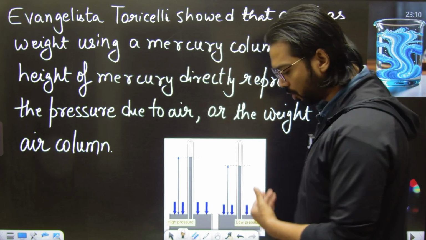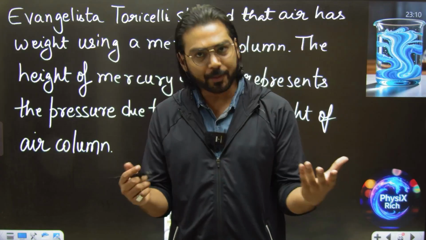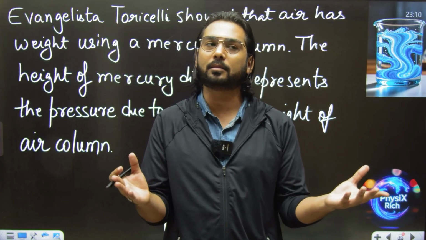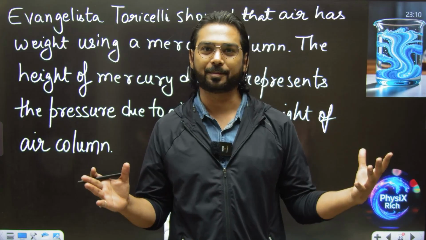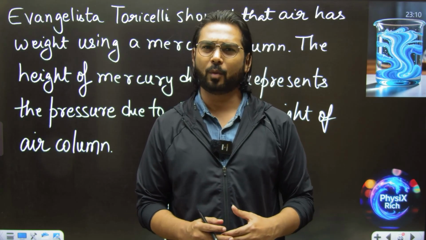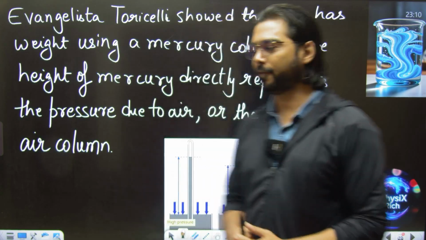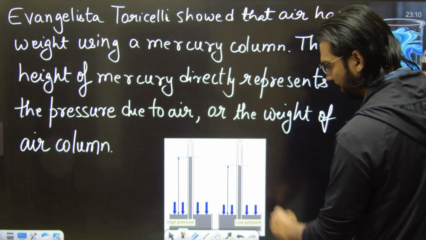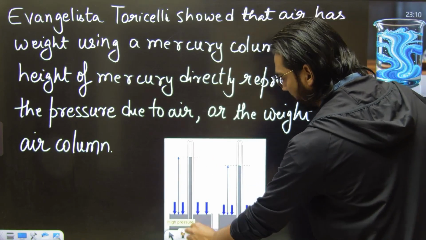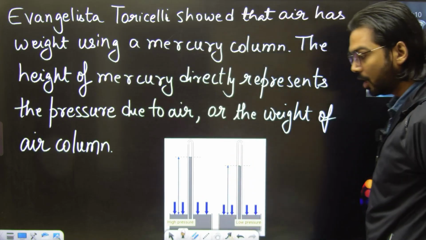So, if at all you were to go to a place where the pressure is actually low, let's say you visit a very nice place in Himachal or Kashmir, which is at a very high altitude, you find that the atmospheric pressure is actually less. There's low pressure, and this column would not rise enough.